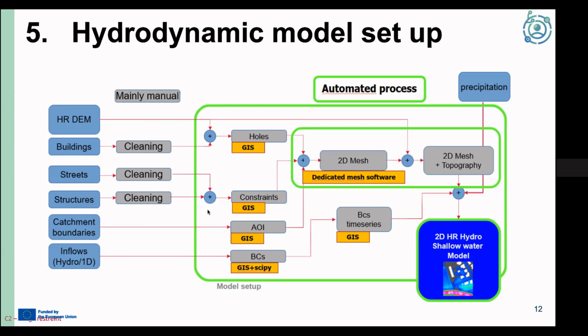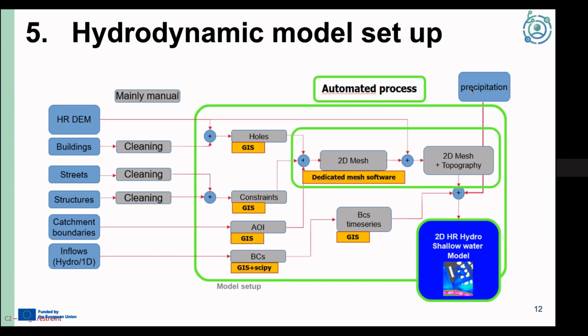So this green part is the automatic process to create the grid which will be used by the hydrodynamic model. So the grid is all our small triangles with data, input limitations, and data at each little triangle. And then the grid goes to the hydrodynamic model called DAS flow. We are using this one in our case because it was developed also by a team in Toulouse.